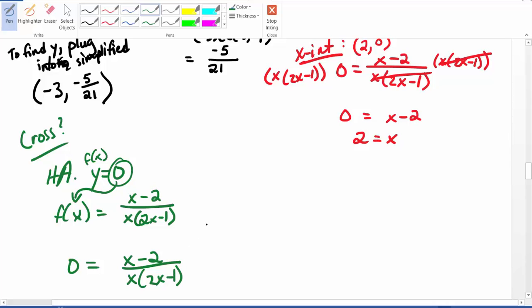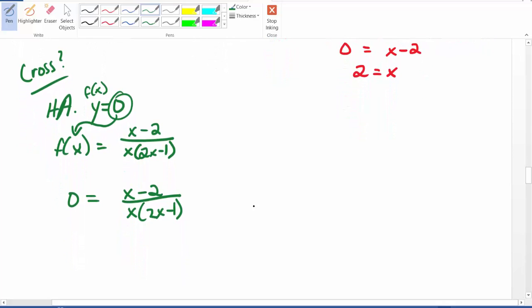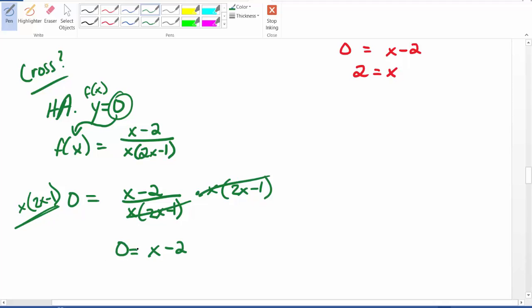Again, we're trying to see the intersection of our horizontal asymptote and our simplified version of the function. That's why what we're really doing is a substitution method here. Multiplying both sides by that x times (2x minus 1), leaving us x minus 2 is equal to 0 times that piece, which comes out to just be 0.